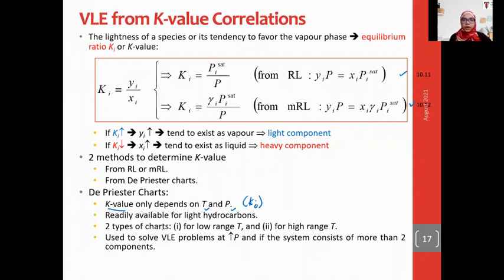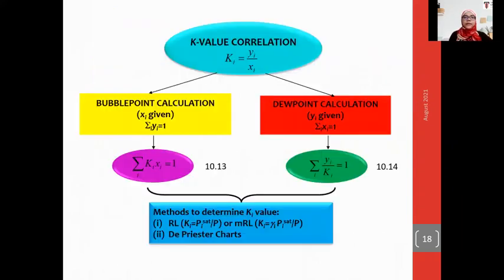There are two types of chart, for the lower temperature range and the higher temperature range. The other thing is, if the species or components are more than two, that means if your distillation column has more than two components, you can apply this DePriester chart.